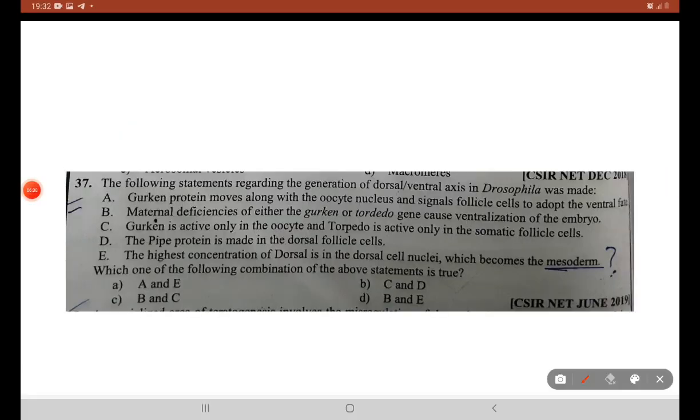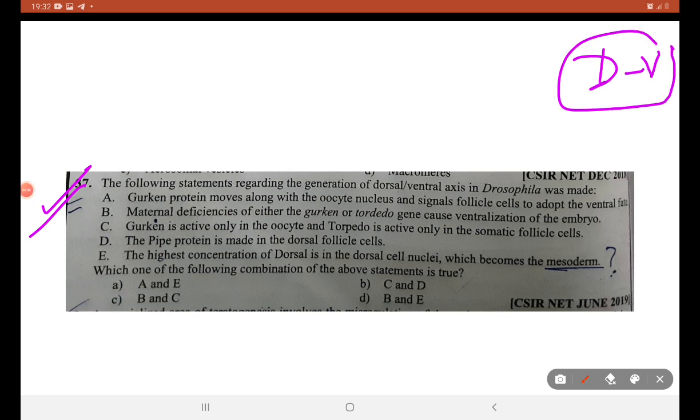Gurken and torpedo concept. That is dorsal ventral, back to belly, axis formation in Drosophila. Gurken protein moves along the oocyte nucleus and signals the follicle cells to adopt ventral fate. Correct? Sorry, not ventral fate, to adopt dorsal fate.